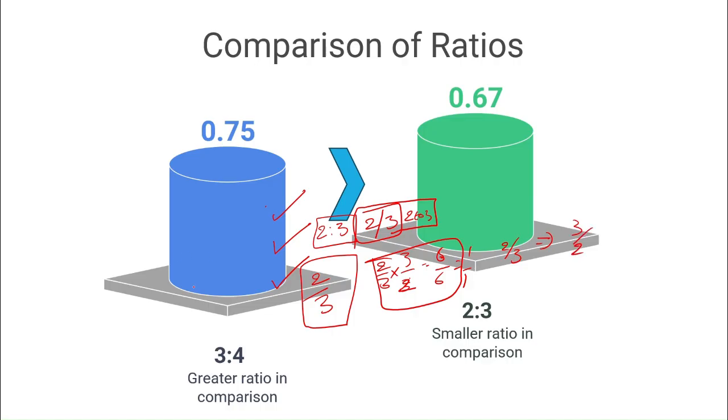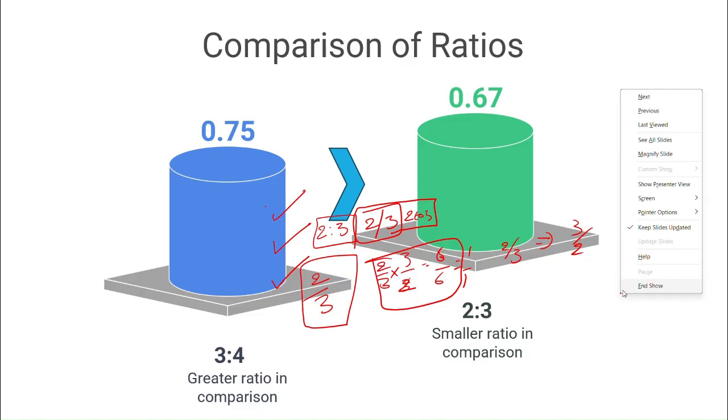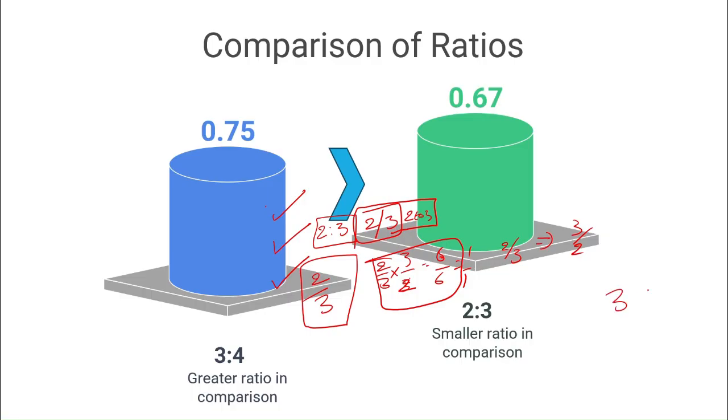Now what we want to understand is how to check which ratio is greater or which ratio is less. For example, if you want to compare two numbers, then what do you do? 3, 2. You know which is greater and which is smaller.